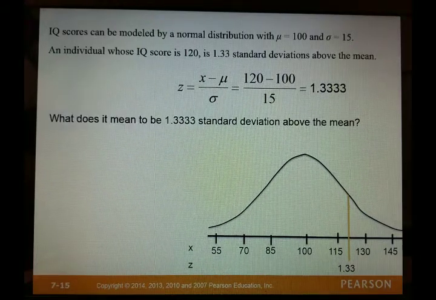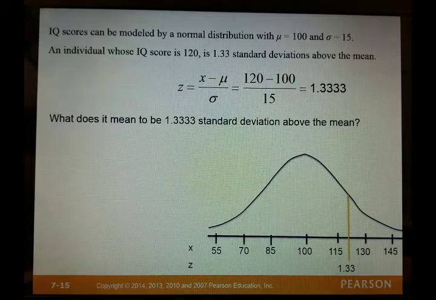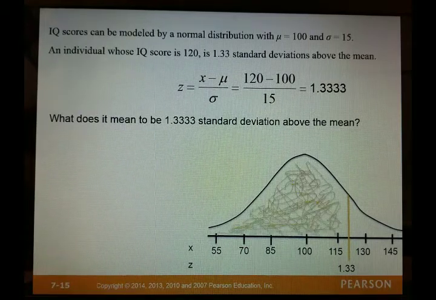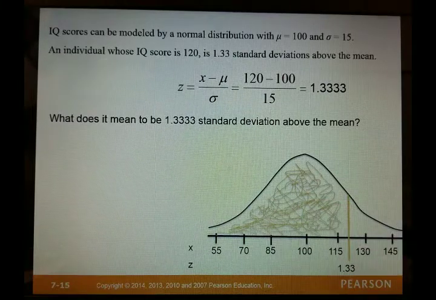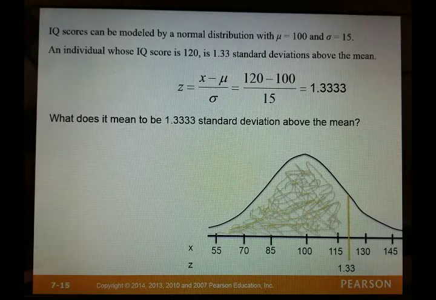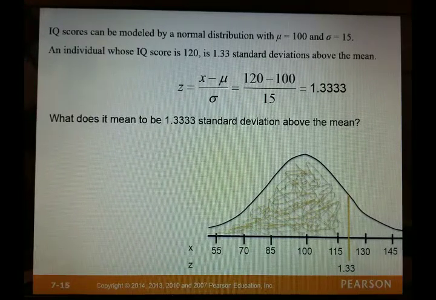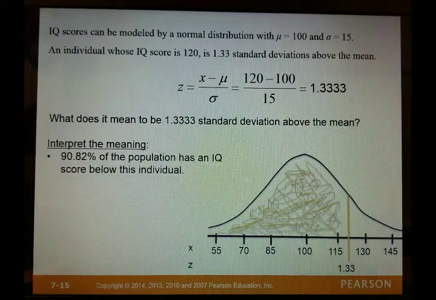So what does that mean, to be 1.33 standard deviations above the mean? If I calculated this area over here to the left, I would do the normal CDF from negative 100 to 1.3300. So again, normal CDF from negative 100 to there.